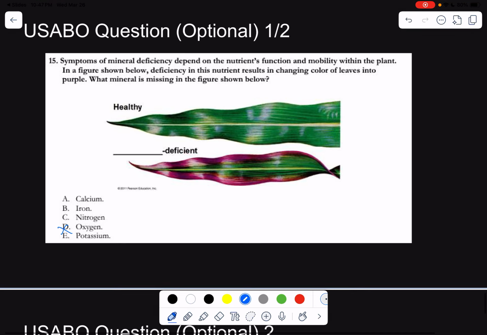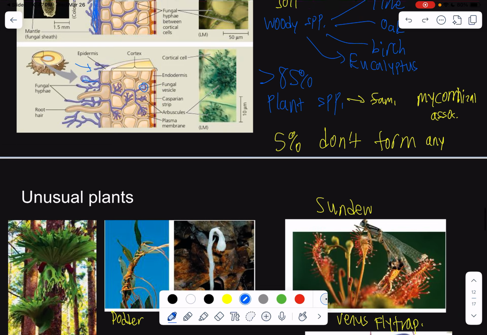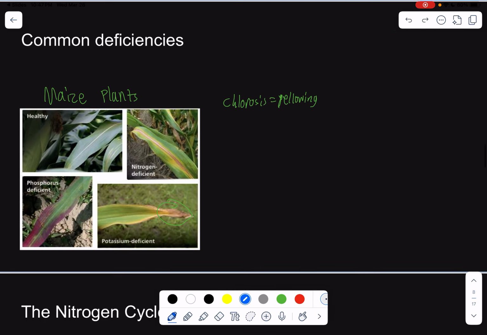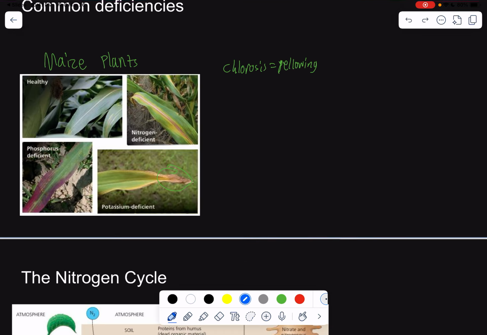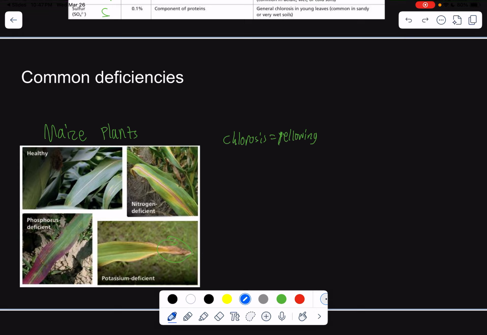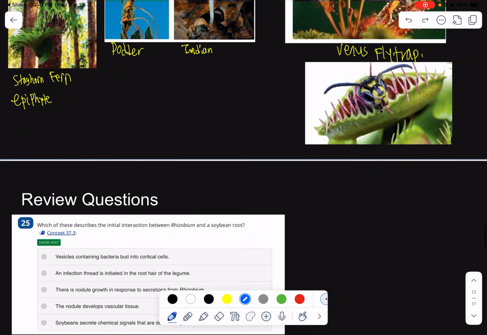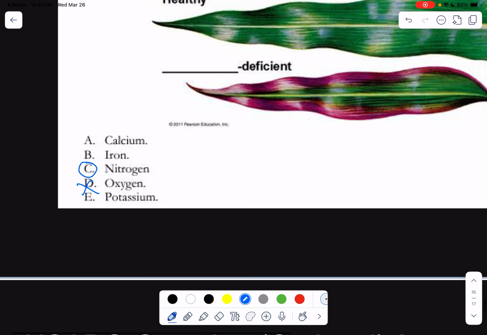However, if you look closely, you'll see that there's an increased yellowing in the middle vein. And if we look at our maize as a reference, we can clearly see that nitrogen deficient does have that sort of chlorosis in the middle, in the inner portion of the plant. So our best answer will have to be nitrogen.